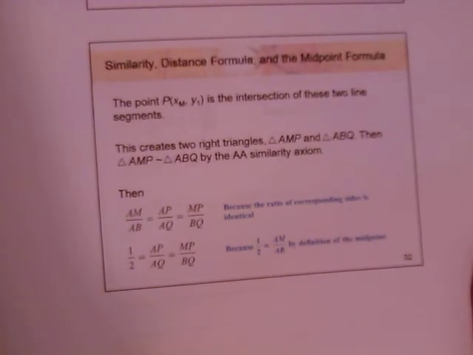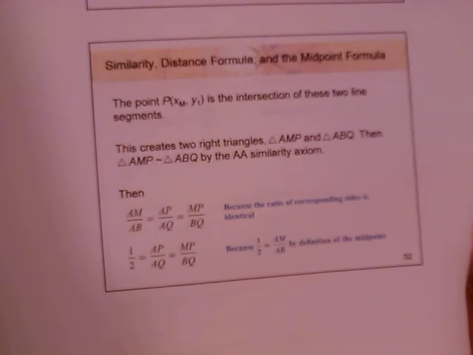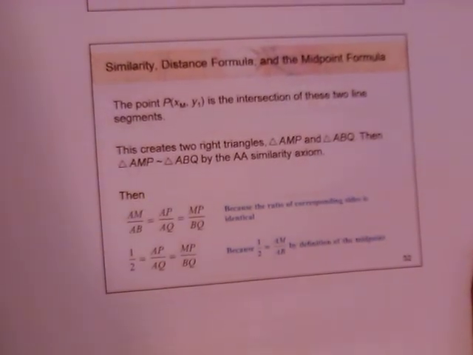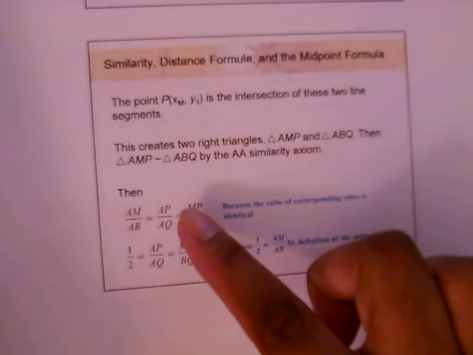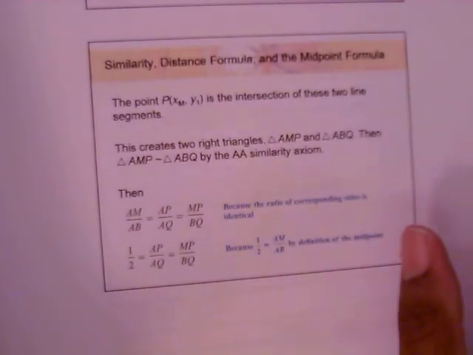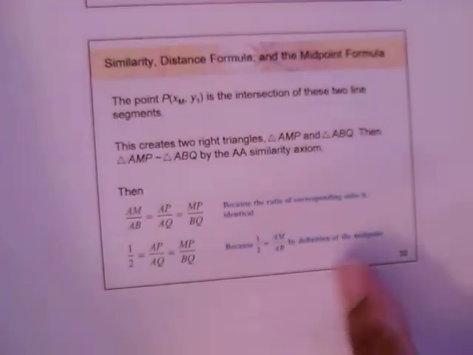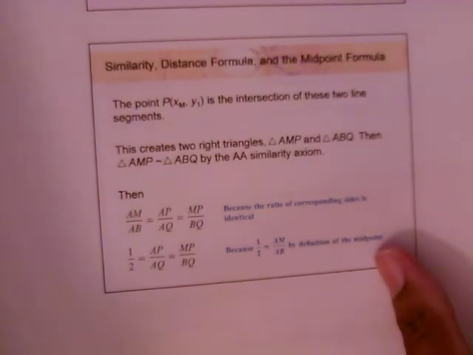Then that means that triangle AMP is similar to triangle ABQ by what they call the angle similarity axiom. Probably somewhere in the second part of math for teachers, you learned something about similar triangles here. That means that AM is to AB as AP is to AQ and as MP is to BQ. And that's because the ratio of corresponding sides is identical.